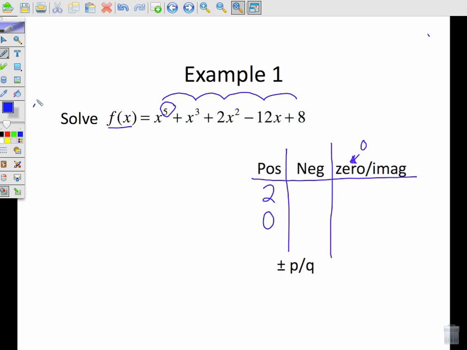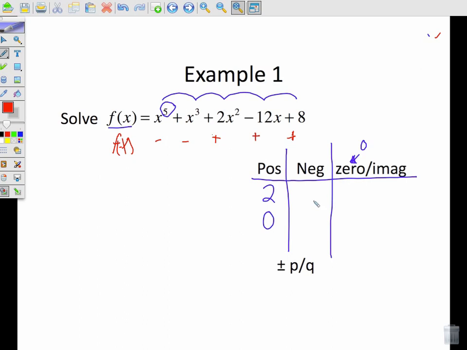Now when I go through and I change by finding f of negative x, I'm going to have a negative. Here I would also have a negative. I'd remain positive. This would become positive, and the 8 remains positive. So here I have just one change of sign.